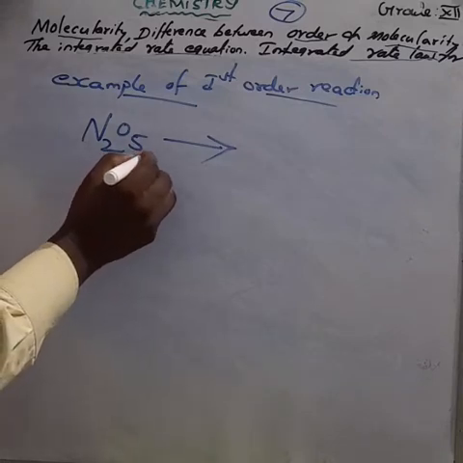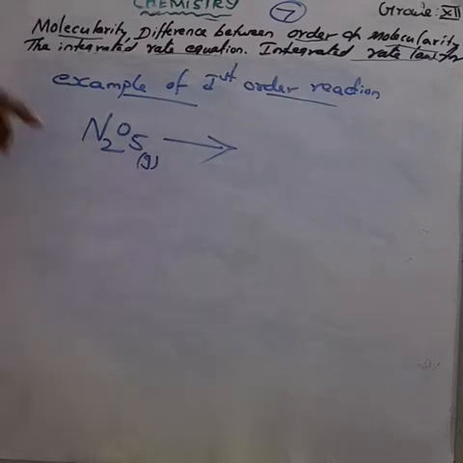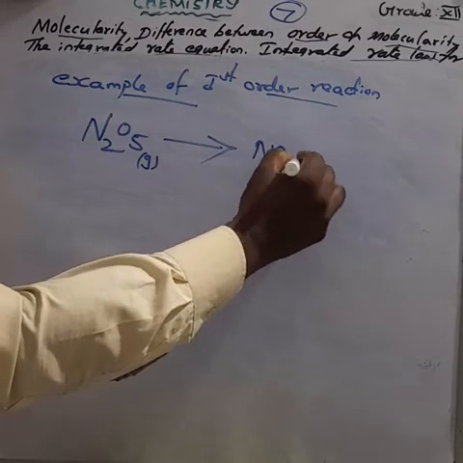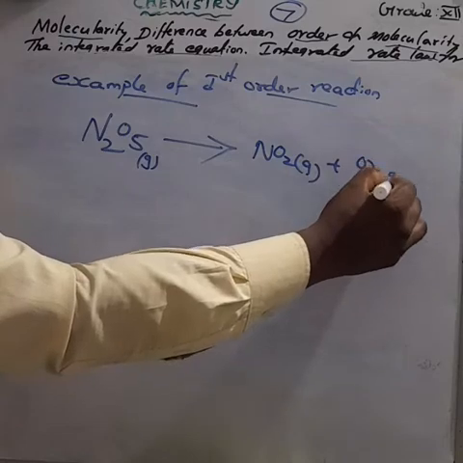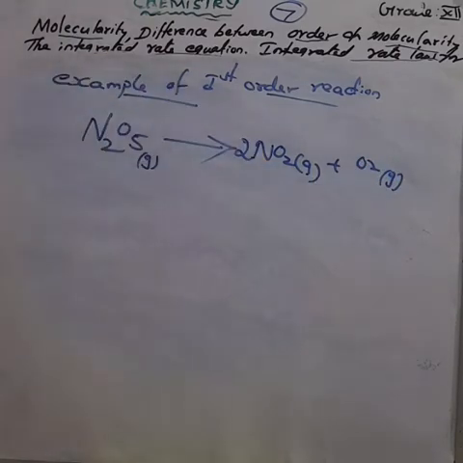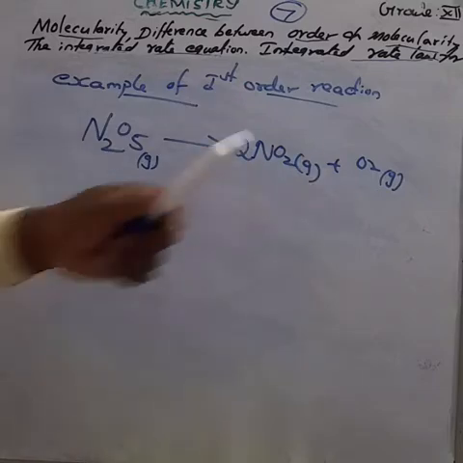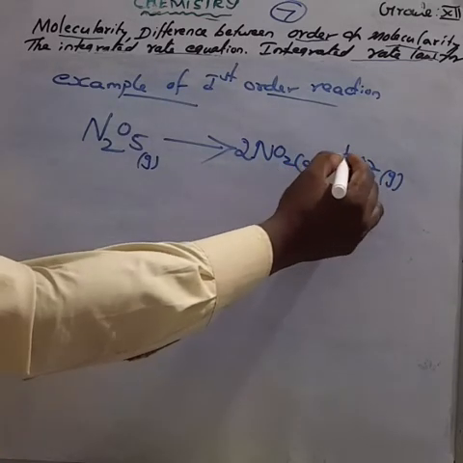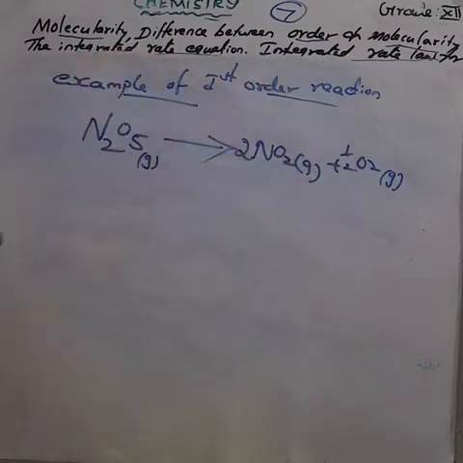Nitrogen pentoxide, formula N2O5, in the gaseous state, gives NO2 gas plus O2 gas. Here 2 nitrogen, so make it 2 NO2, and for oxygen we can write half O2. This is one of the very good examples for the first order reaction.